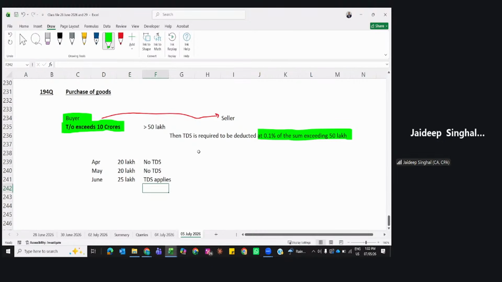TDS applies, but on how much amount, everyone? No, Anil, 65 minus 50, 15 lakhs. On 15 lakhs only. Clear? In excess of 50 lakhs. Now next, let's suppose in July, again 25 lakhs. TDS applies on the entire 25 lakhs because the limit is already crossed.